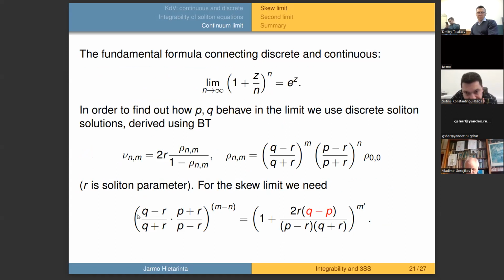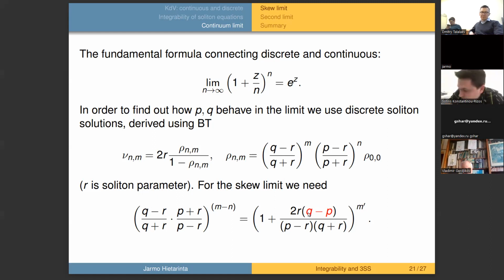It's done here. And then we try to imitate this form like this. So now in order to have something like 1 over n from here, we see that we cannot do anything with this because R is a soliton parameter which doesn't go anywhere. So the only thing is we make this go to 0 because it corresponds to this going to infinity.